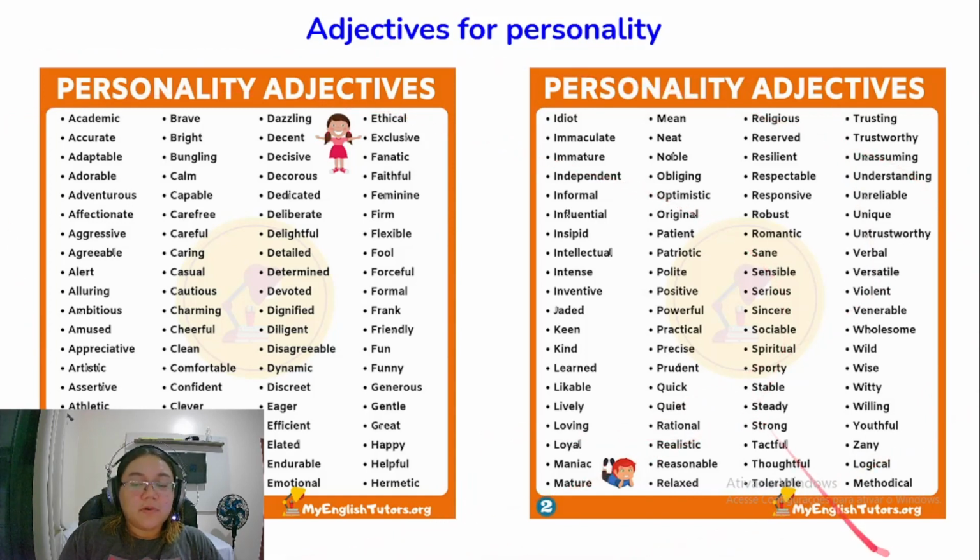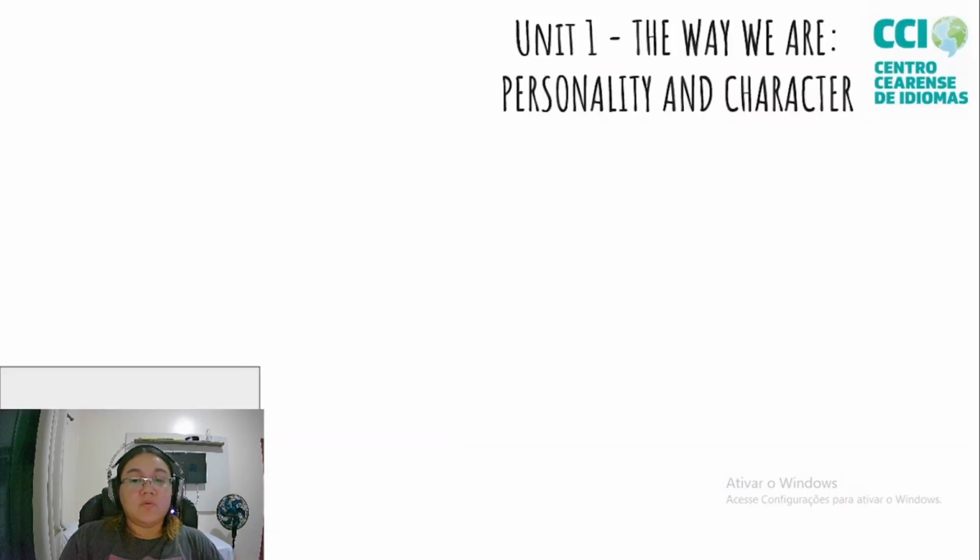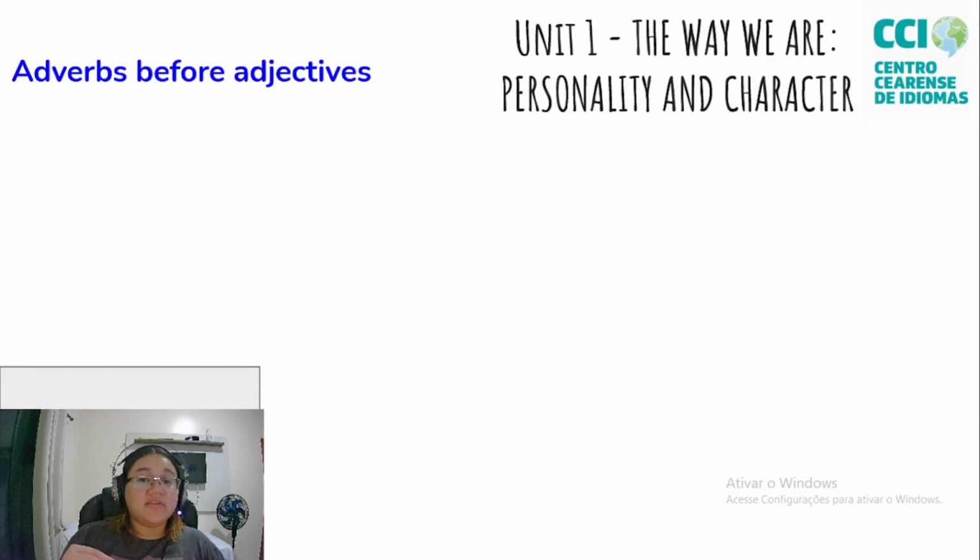I will be posting this on Classroom, so you guys will be able to find this material and read it as many times as you want. This is a great way of learning new vocabulary, acquiring vocabulary that you guys don't have yet. So moving on, remember that we saw how to use adverbs before adjectives when describing the people that we admire.